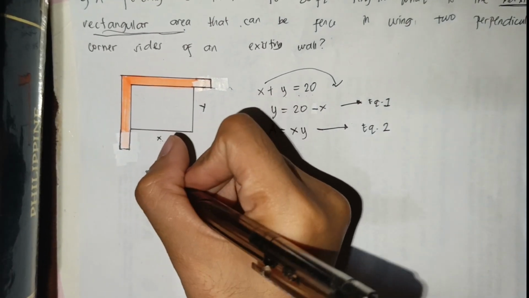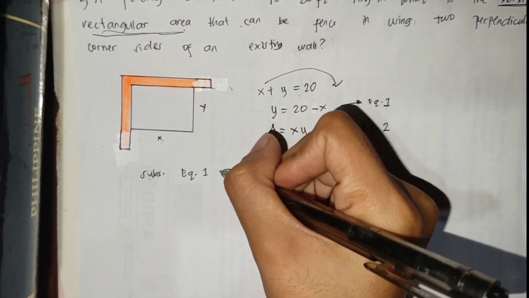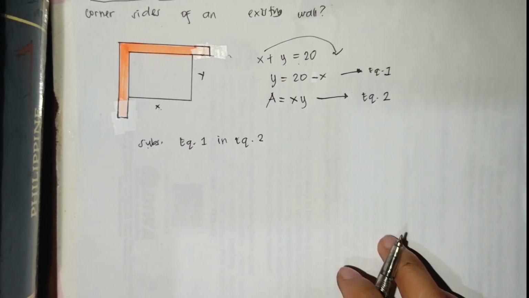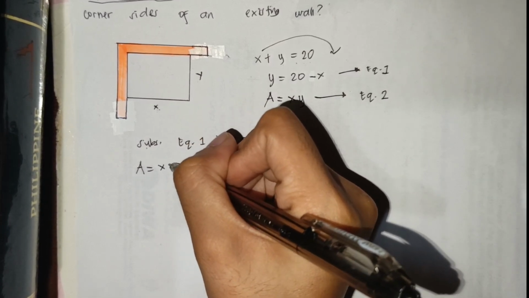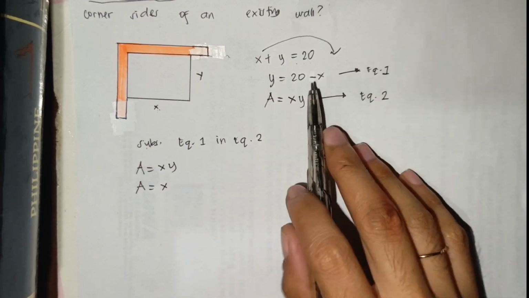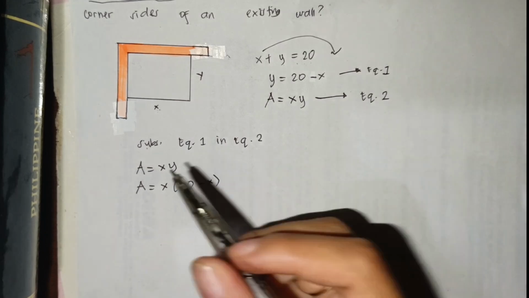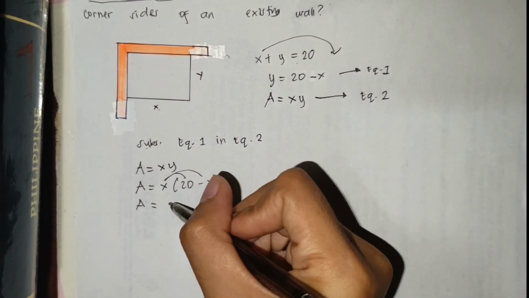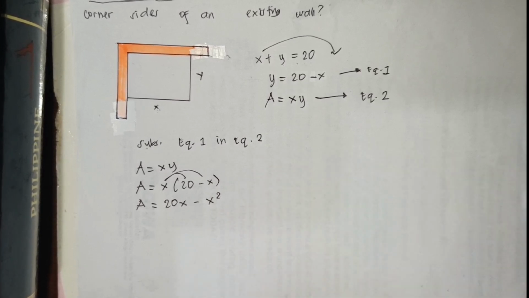Now, let's substitute equation 1 in equation 2. So, kabalo ta nga ang equation 2 is A is equal to x times y. So, A is x times ang value sa y, 20 minus x. So, distribute. 20x minus x squared.